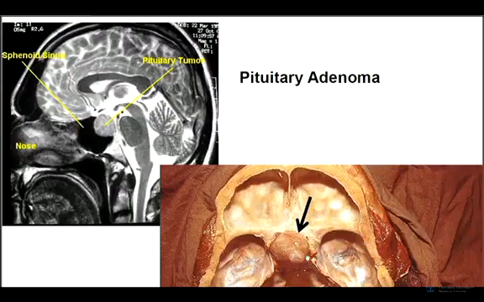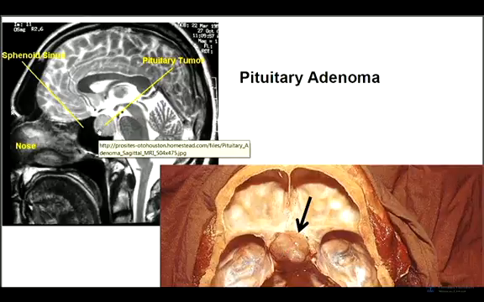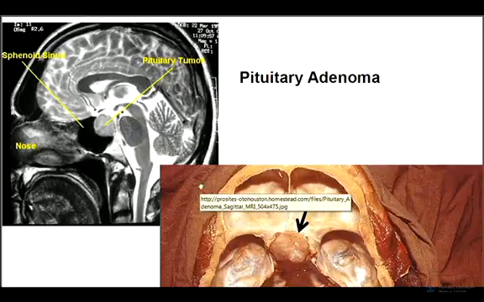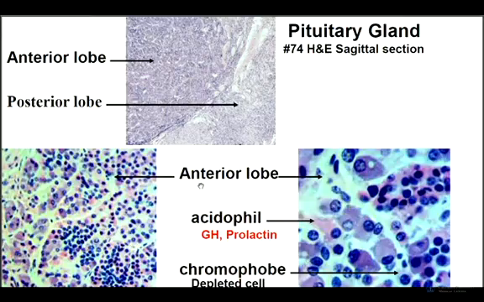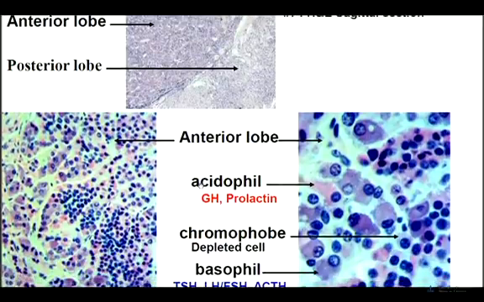An adenoma is a mass-occupying lesion, so it creates symptoms by its location in this area of the sella turcica. And the cells in question that can produce these tumors are seen here.